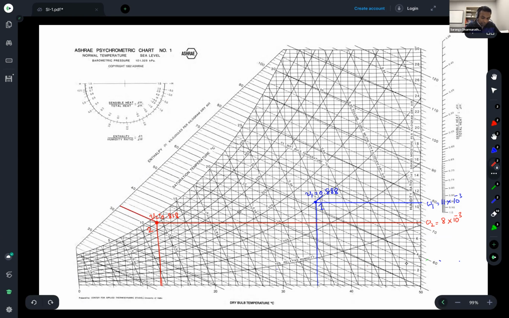That's pretty close to 32. So we write 32. And then this line here draws parallel to this.